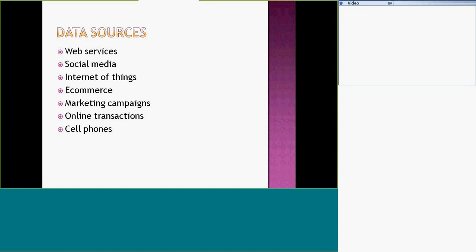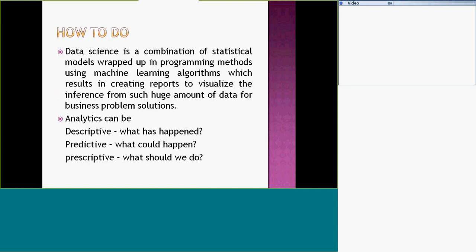So the data sources nowadays are producing a large amount of data. So how does data science work? Guys, I have already told you that data science is a combination of statistical methods that are wrapped up in programming methods.